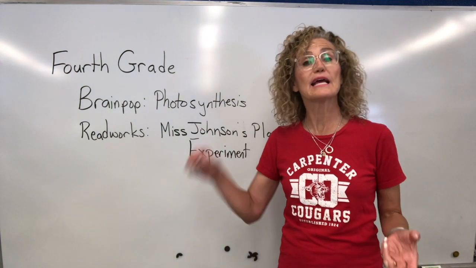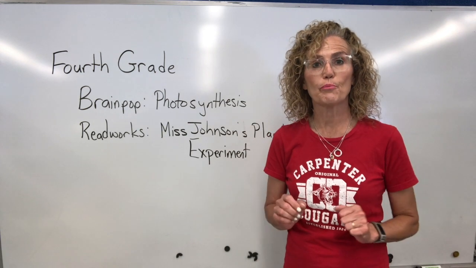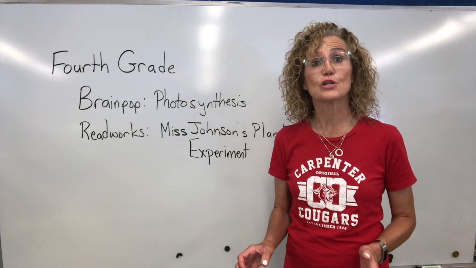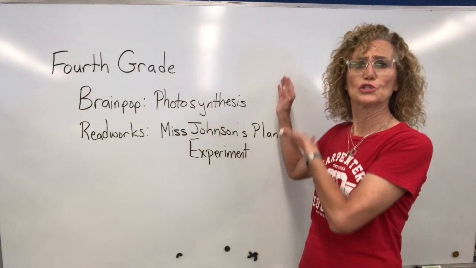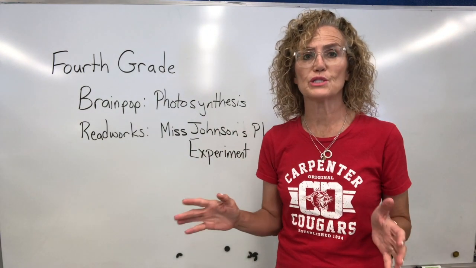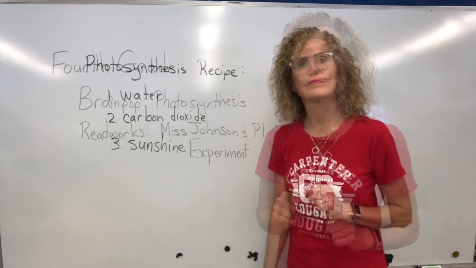It is actually like a little factory that makes food for the plant. And the process of making food for the plant is called photosynthesis. So we're going to get into what is photosynthesis and how important it is right now.